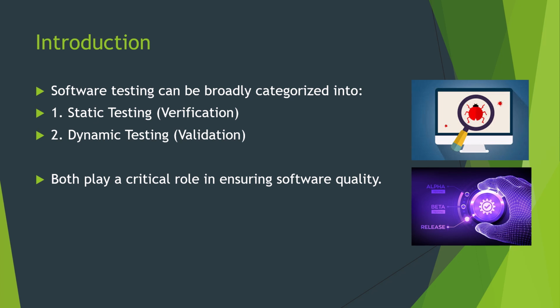So both play a critical role in ensuring software quality. One checks for issues before we even run the code and the other tests the behavior of the software when it's actually run.